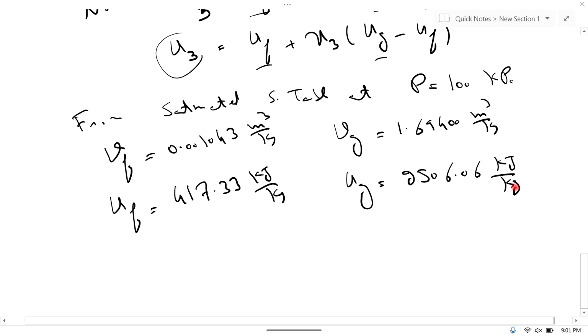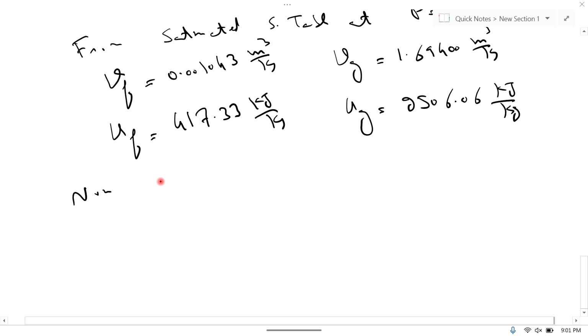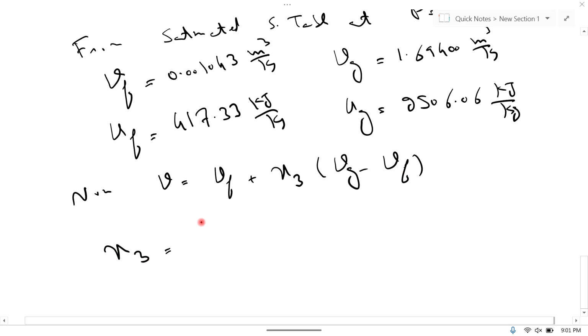Now we can easily find x3 and then U3. We know that V is equal to Vf plus x3 times Vg minus Vf. So rearrange this equation and find x3. x3 is equal to V minus Vf divided by Vg minus Vf, where V is basically V3.